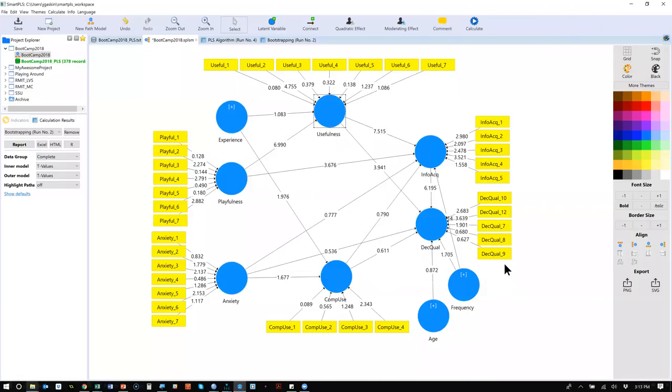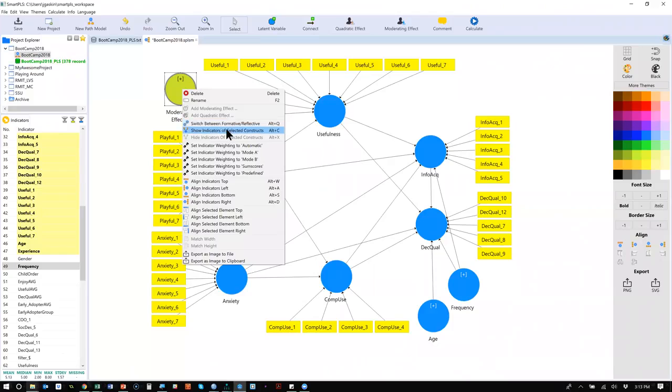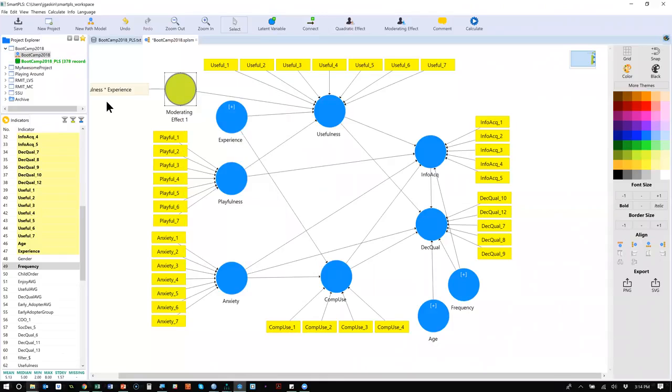I hit OK, and there it is. There's my moderator, my interaction. If I open this up, the indicator is playfulness times experience, but standardized.